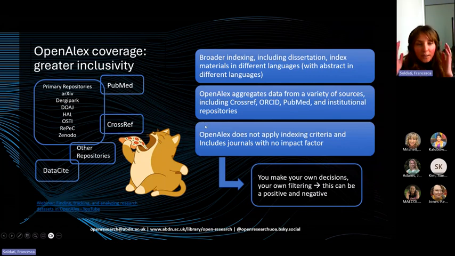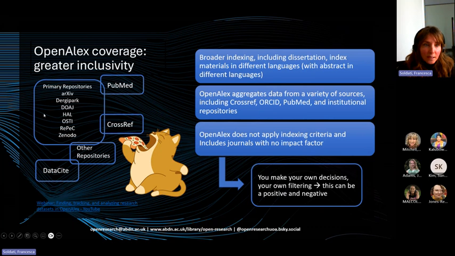OpenAlex is more inclusive than the other databases for different reasons. First of all, it starts from the basis of, as I said before, the Microsoft Academic Graph, which was already a very large database. And on top of that, OpenAlex keeps ingesting data from other databases.